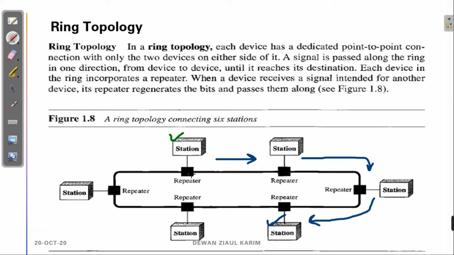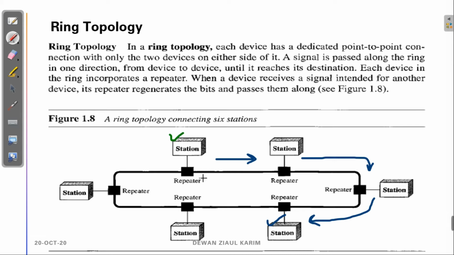Okay, and you can see that there are some other devices like repeaters. So let me tell you what they do. Whenever a signal travels from one device to another, sometimes this signal may become weak. So this repeater actually regenerates the signal and then sends the bits to the other station. Let's say that the signal starts traveling from this station.